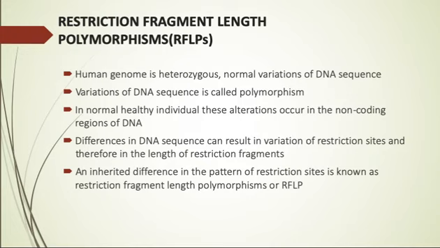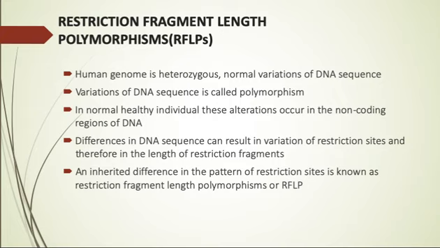In a normal healthy individual, these alterations occur only in the non-coding regions of the DNA. Any differences in the DNA sequence can result in variation of the restriction sites and therefore in the length of the restriction fragments.